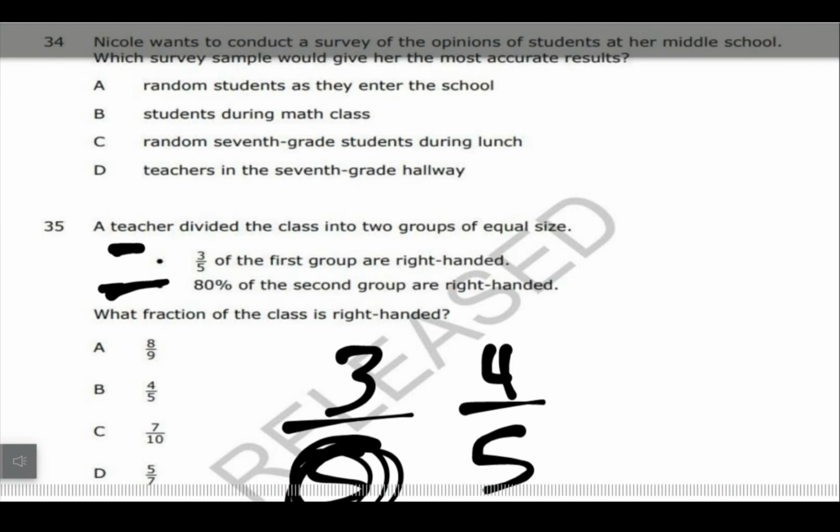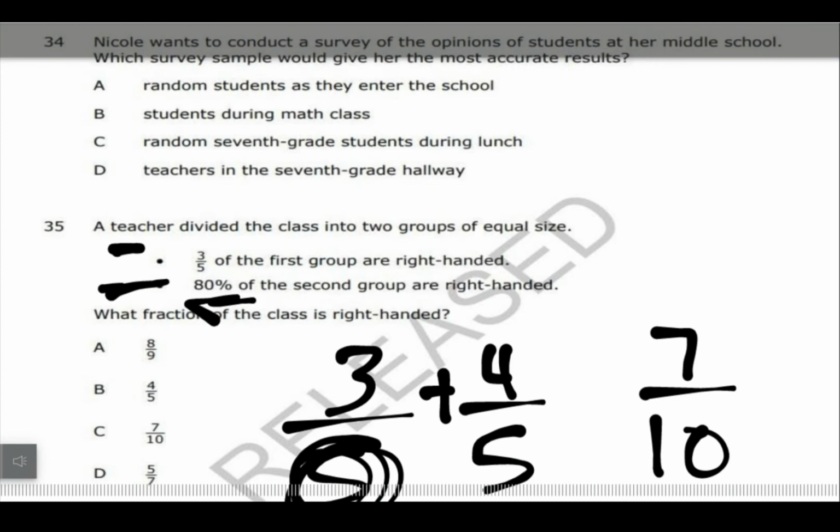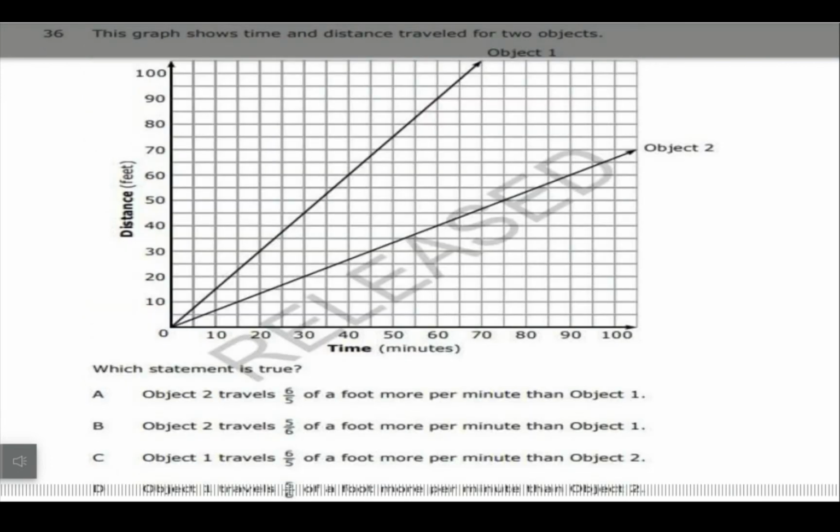So if I add those together, 3 plus 4 makes 7, so 7 out of 10. The first group was 3/5, and then we add that to the second group, which was 4 out of 5, and that would give me 7 out of 10 for that one. All right, so this is 36.